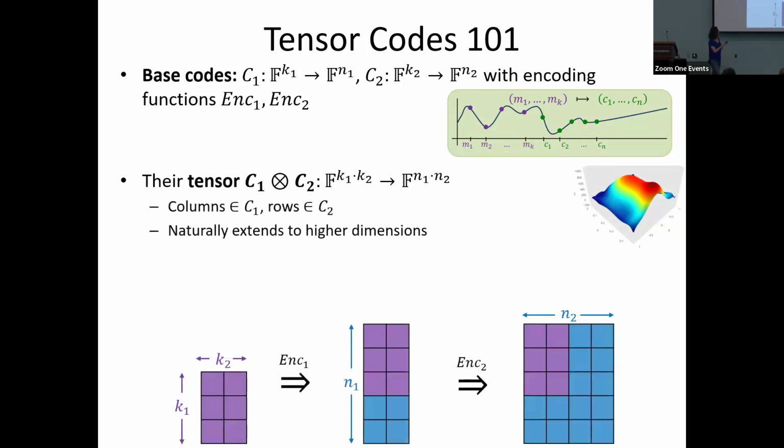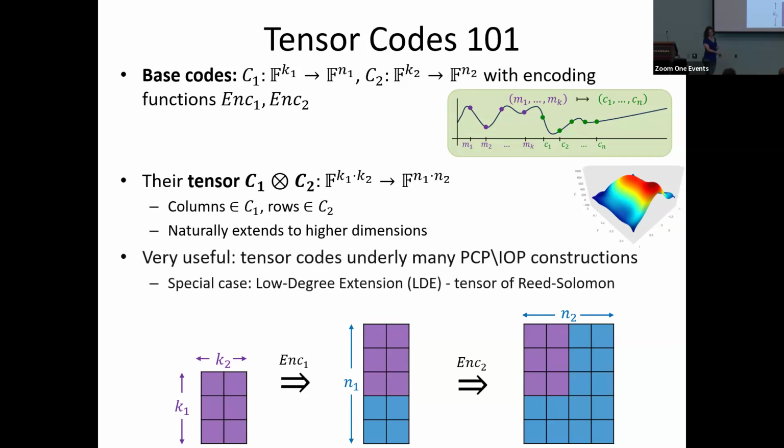More generally, if you have two codes and you tensor them, you think of the message as a matrix. You first encode each column using the column code C1, and then you encode each row that you got using the row code C2. And the property that you get is that each column in this codeword belongs to the column code, and each row belongs to the row code.